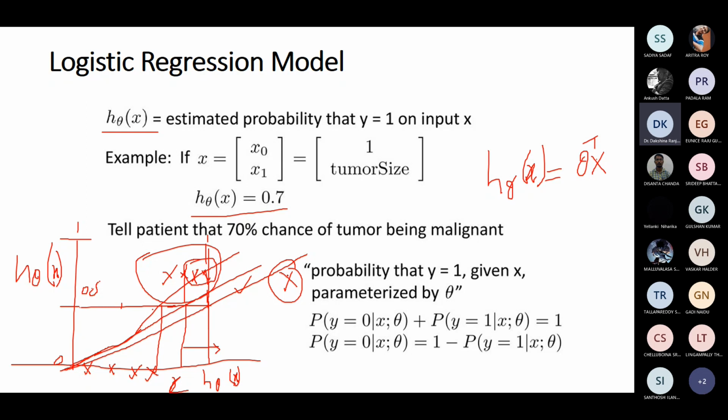So this is the problem with the linear regression line when we try to classify by predicting the value of the hypothesis, h theta x.